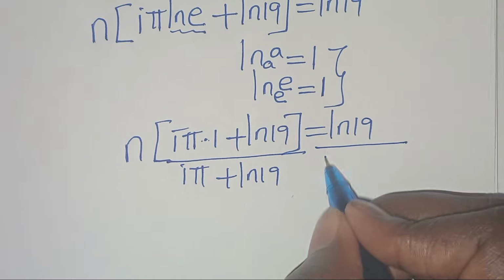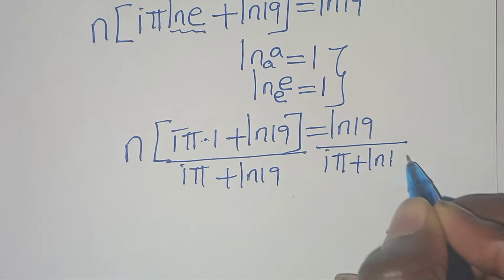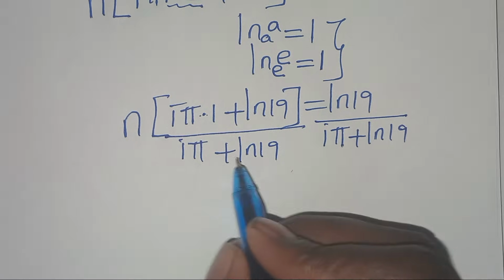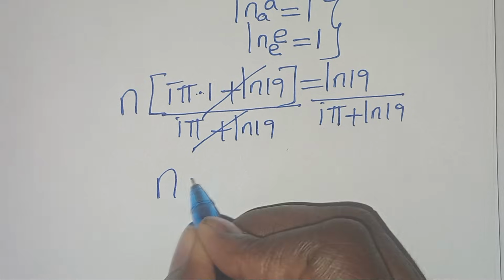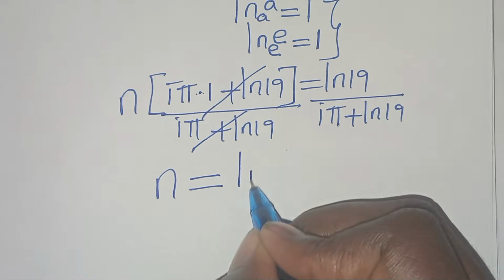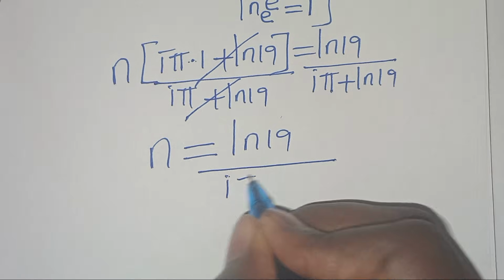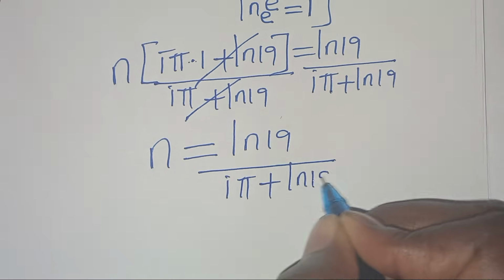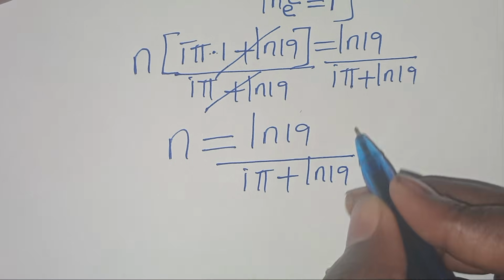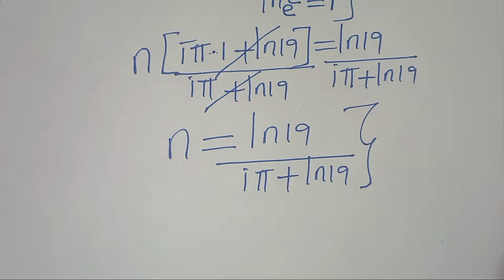Let's also divide here by iπ plus ln of 19. So let's simplify here, so that now n is equal to ln of 19 divided by iπ plus ln of 19. So this is the value of n by applying method 1.